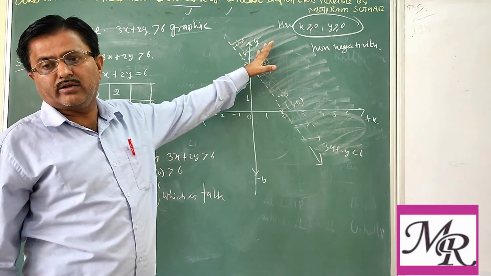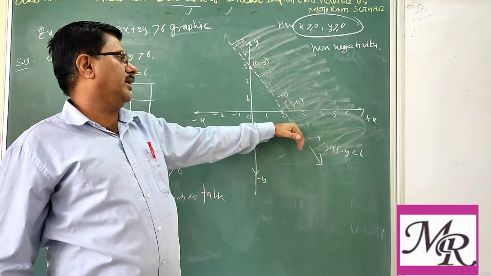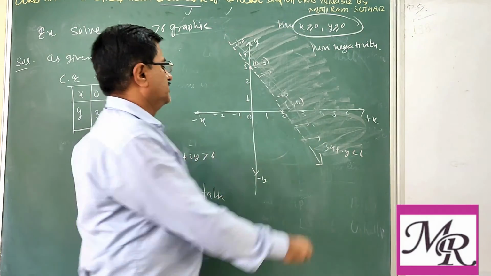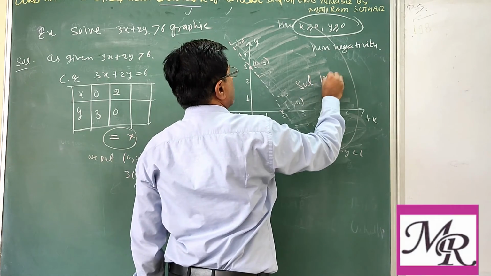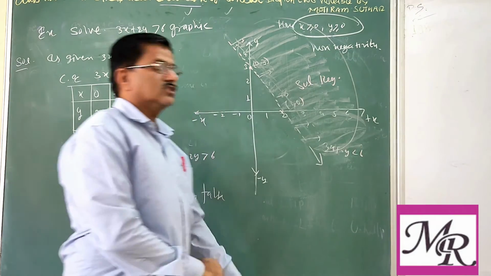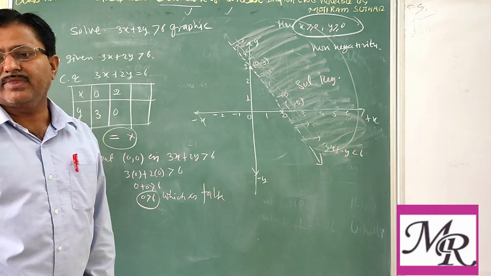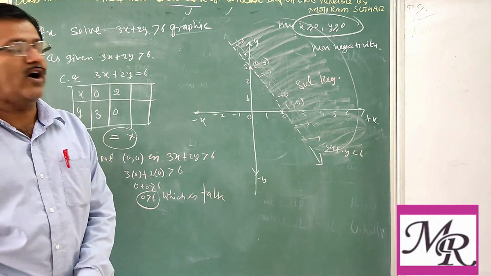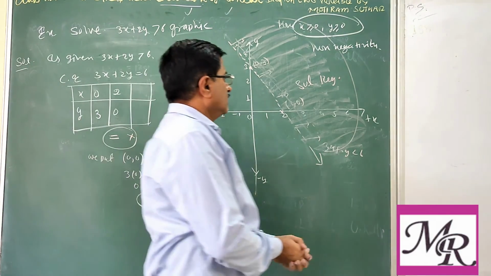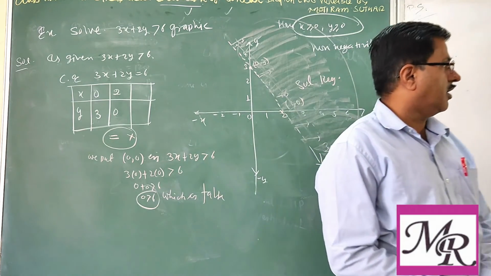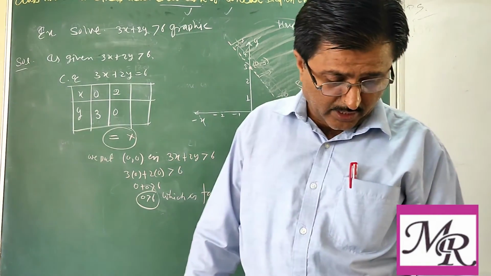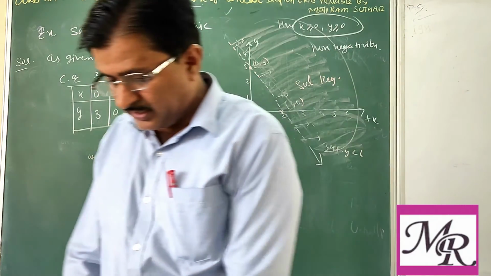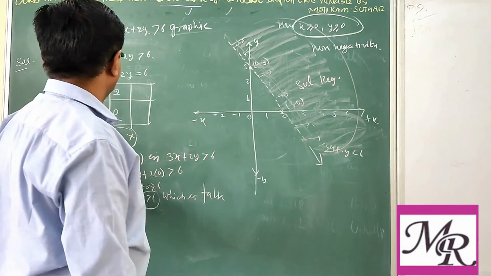So any point except on the line, all points of this region, are the solution region, or we can say solution set. To find the solution of this type of inequality, you have to adopt this technique for representing them in the form of an equation.